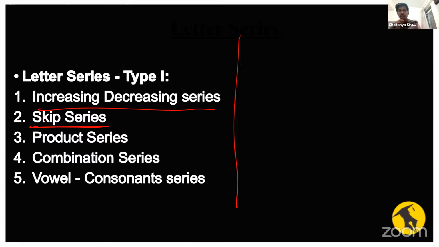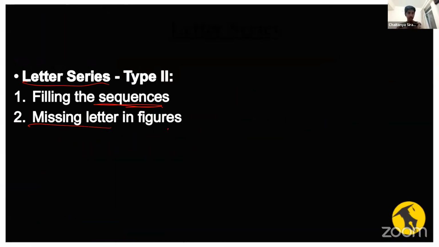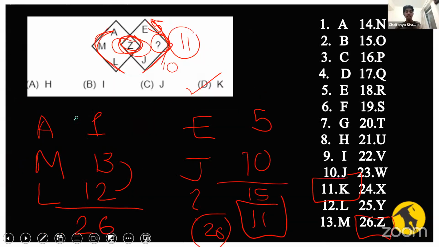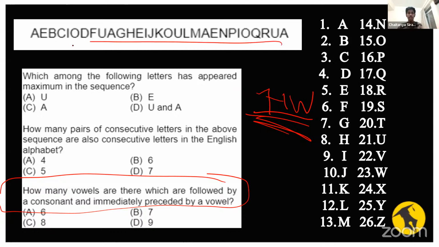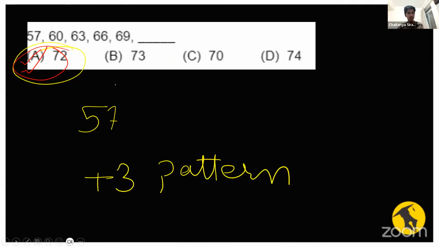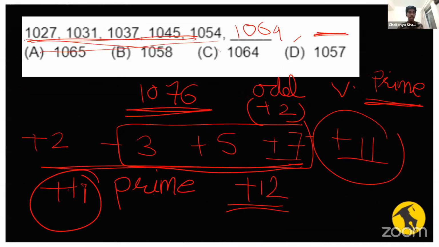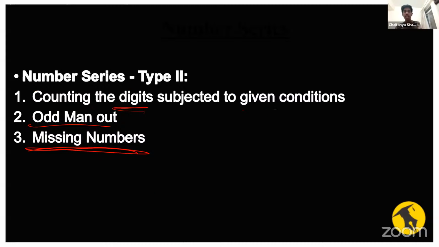And then we went a little advanced in this, which was filling the sequences. And we did some questions which were related to a figure, and also this counting one. Then we went to number series: product, difference, square, cube, miscellaneous. And then we did counting digits, odd man out, missing numbers.